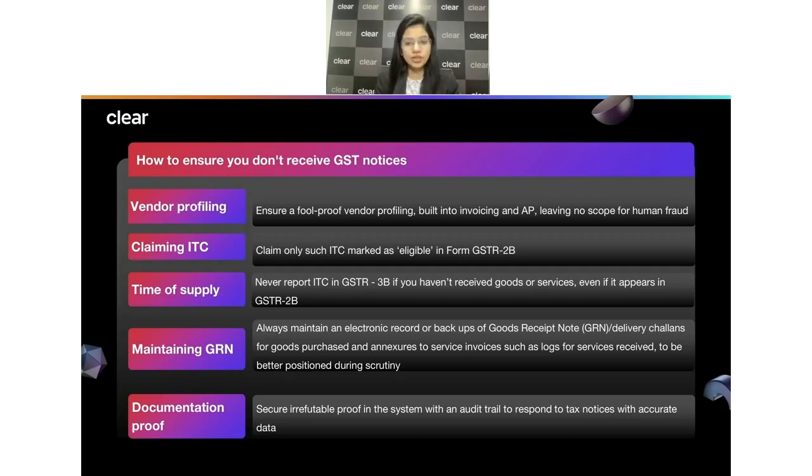When it comes to the reverse charge, we would have again received a lot of notices on the differences in the liability we have paid under reverse charge and the ITC we have claimed. Now, here also, what we should keep in mind while filing 3B is that all this information we are only sharing with the government.